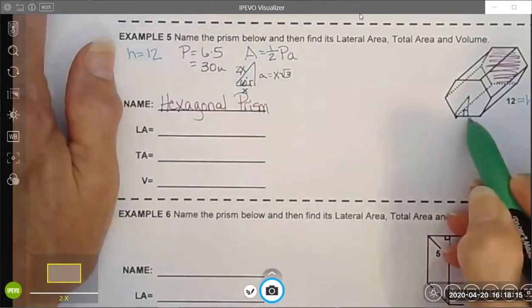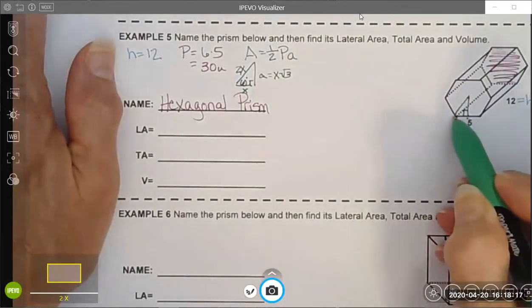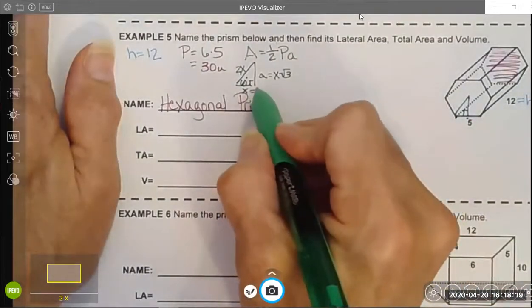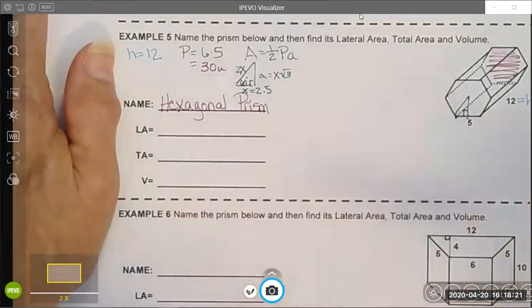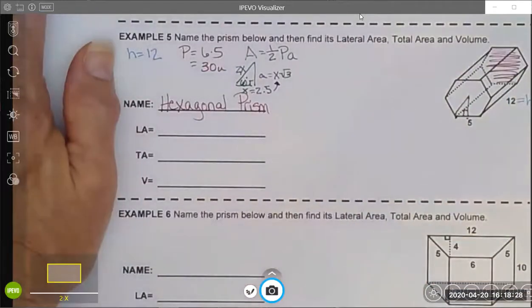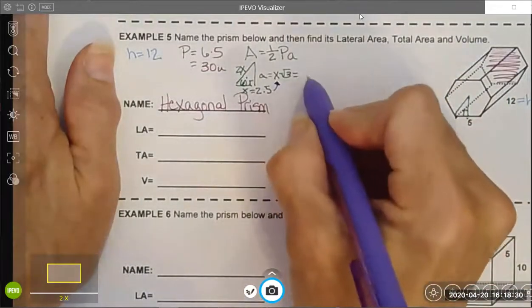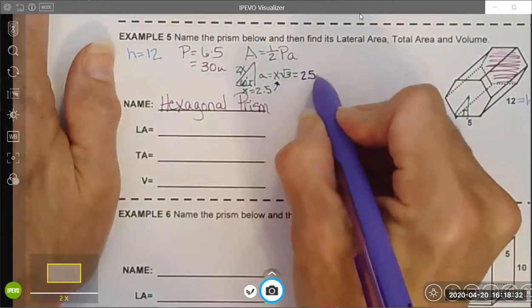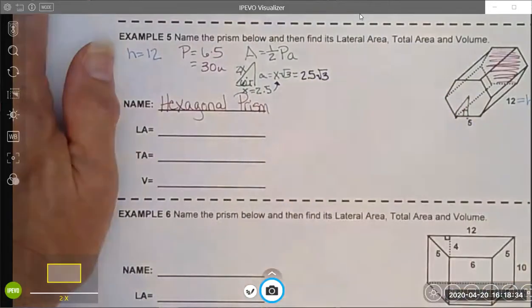That tells me that the distance from the midpoint to the vertex is going to be 2.5. That allows me to rather simply substitute into my 30, 60, 90 triangle, and I learned that the apothem is 2.5 square root 3.